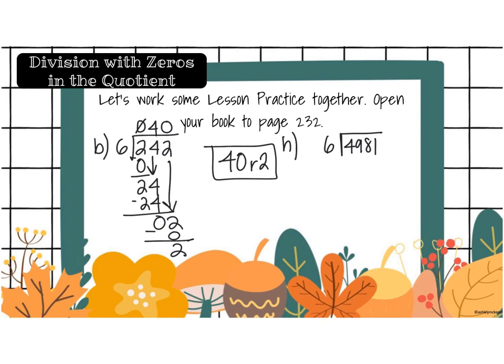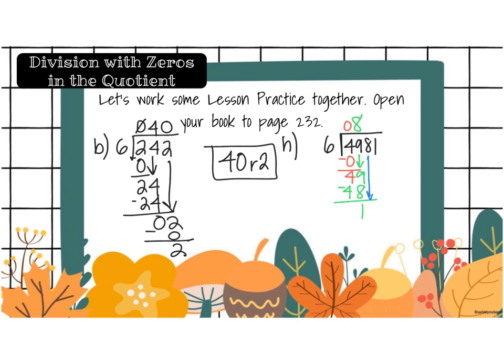So first, I'm going to do different colors. I'm going to start with red to show 6 going into 4. 6 divides into 4 0 times. So 6 times 0 is 0. Subtract. Then I bring down the next. 6 goes into 49 8 times, and 6 times 8 is 48. Subtract.